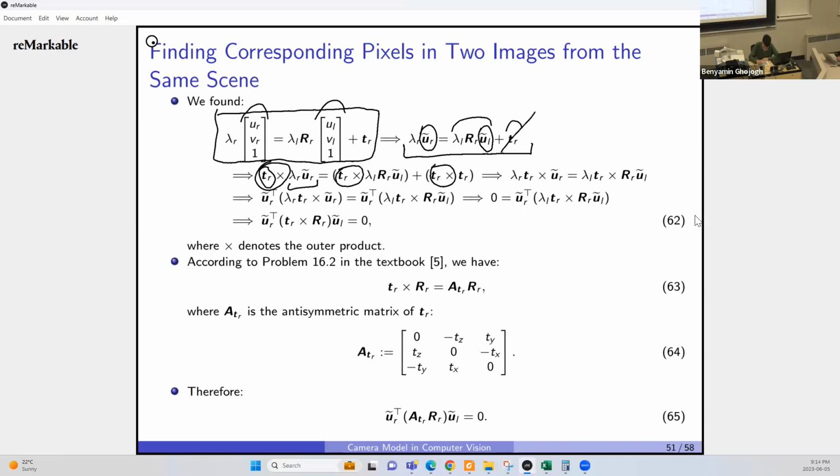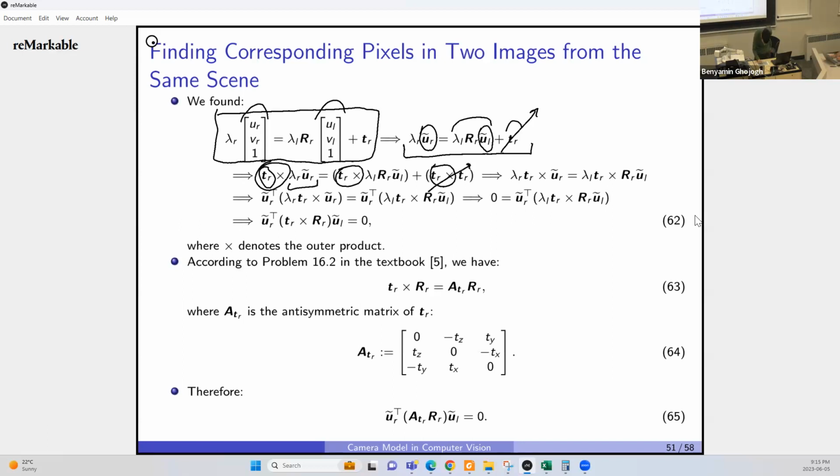Because I want to get rid of this pain in the neck thing. In inner product, every vector by itself becomes quadratic. It becomes the L2 norm squared of that vector. However, outer product of every vector by itself is 0. As I want to get rid of this TR, I multiply the sides by TR, outer product.